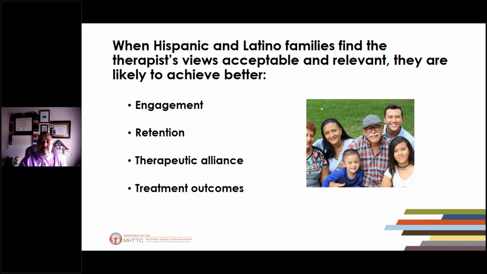Sometimes, like I've said before, and it's just kind of a nuance as I see it with families that come from the Latinx population, we tend to want to step back when our loved one gets involved with a professional, whether a doctor, psychologist, social worker, therapist, whatever the role may be.